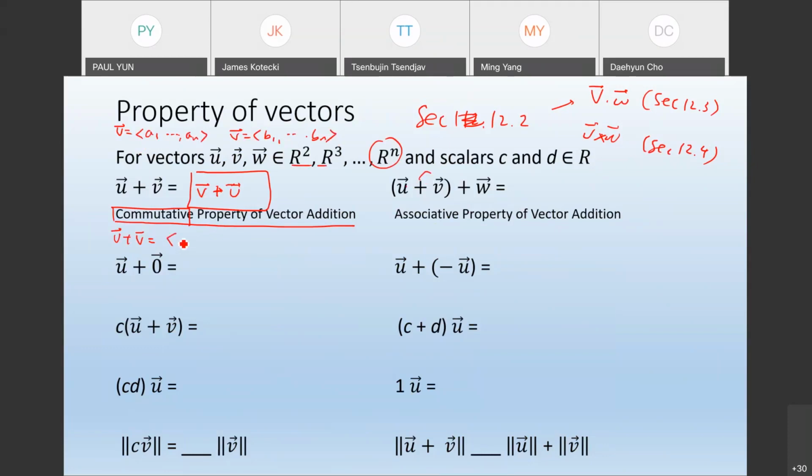Then U plus V is A sub 1 plus B sub 1, all the way down to A sub n plus B sub n, right? I mean, you could switch the order, because the real numbers commute. And then you could separate them as well: B1 through Bn plus A1 through An. What do you call this? V plus U. So this is a general proof for this.